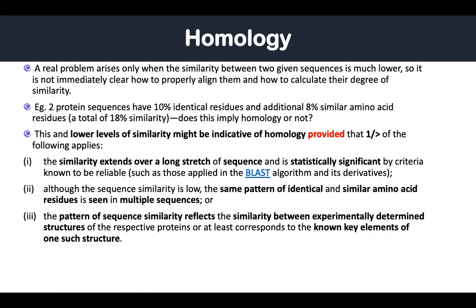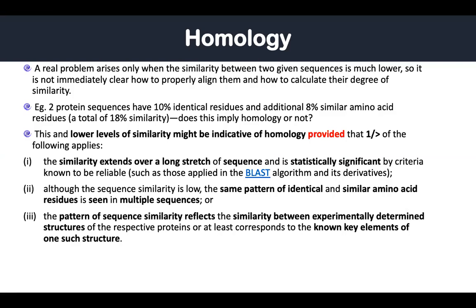A real problem arises when the similarity between two given sequences is much lower. If you're looking at sequences that are 90% similar, you can be quite sure that the genes or the proteins function the same way.